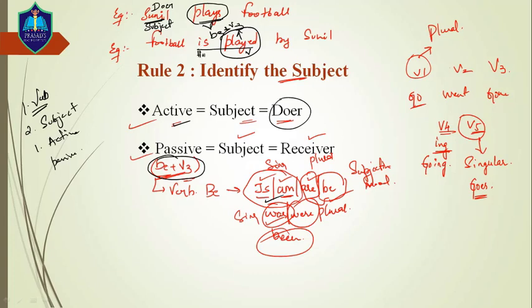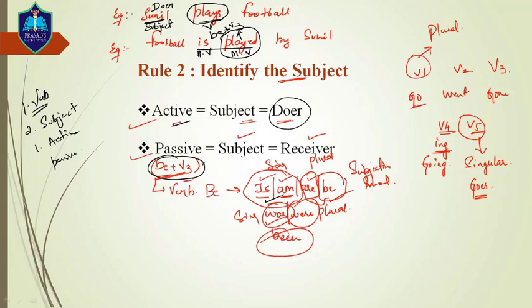So is acts as a helping verb and played acts as a main verb. I will explain in detail about the helping verb and the main verb when we discuss the verb chapter. So here we concluded this is the passive voice.